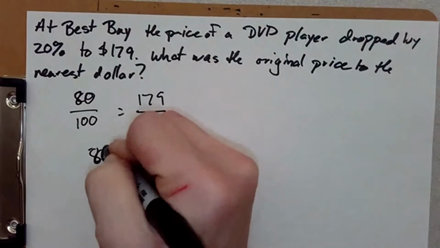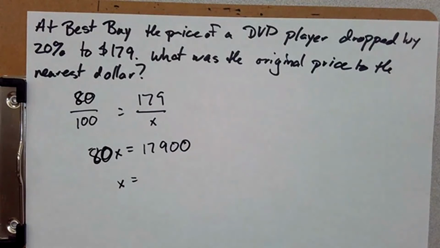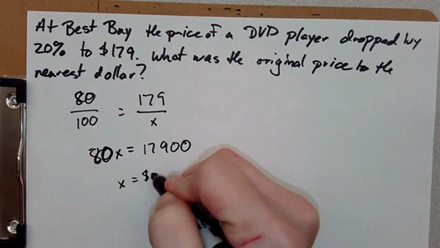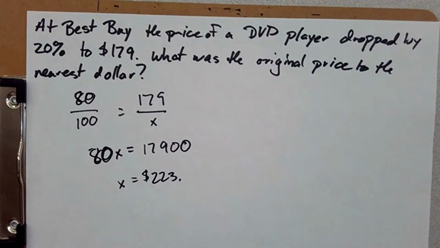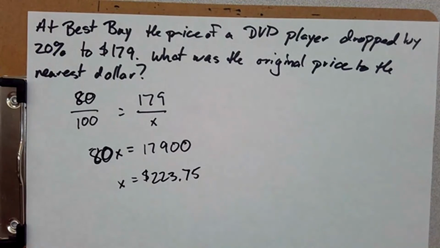So 80x equals 17,900. And when we divide, we get about $223.75. That's it for this video. If you have any questions, please get in touch.